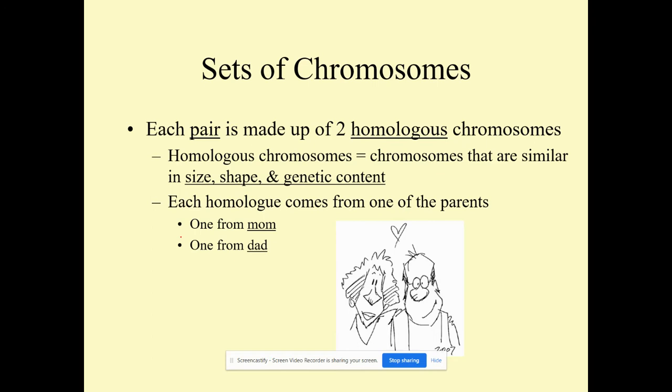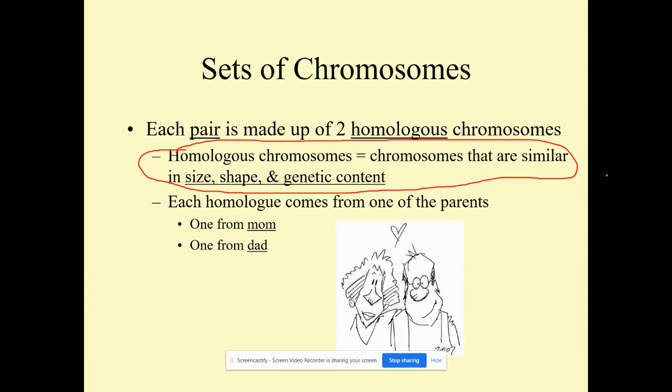Another really fundamental biology term: a homologous chromosome. The main point here I'm circling in red. Again, we have these pairs of chromosomes. We have 23 pairs.